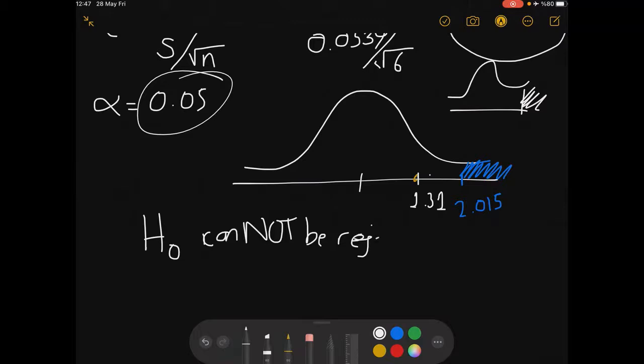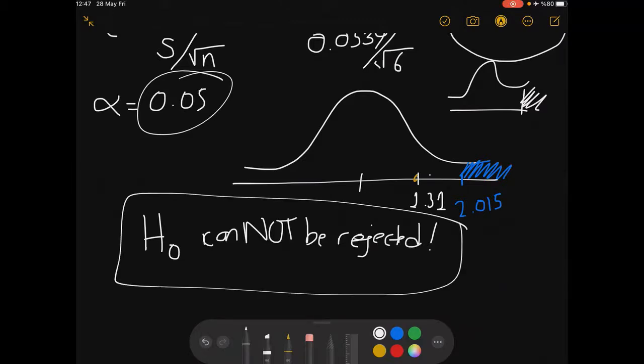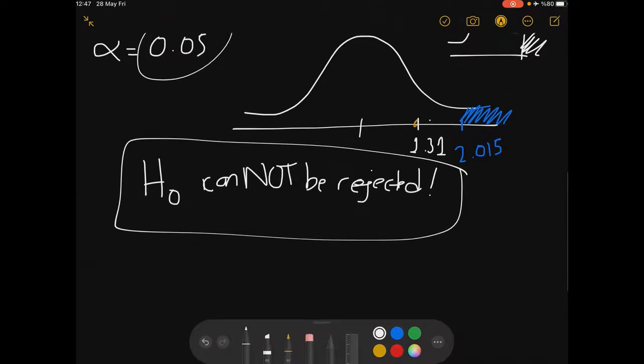That would be your answer, nothing else. If you want, put a sentence to it as well, like hormone levels are not elevated in patients with that particular disease.